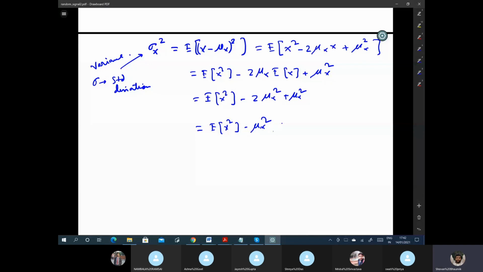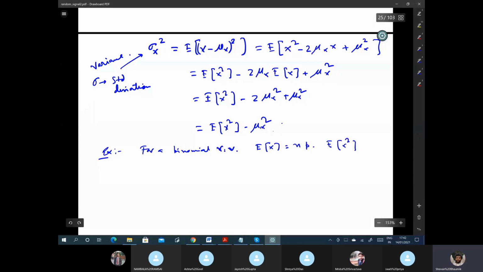So now, as an example, we calculate the mean and moments of the binomial random variable. So for a binomial random variable, E of x will be equal to np, we know, and E of x squared, we know, that's what we wrote.